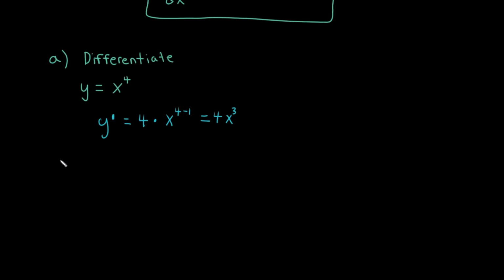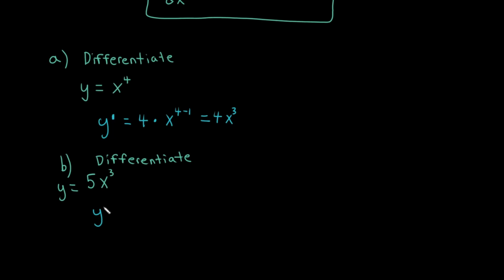Okay, let's do another one. So let's find the derivative of 5x cubed. So we want to differentiate 5x cubed. Y equals 5x cubed. So we do the same thing.